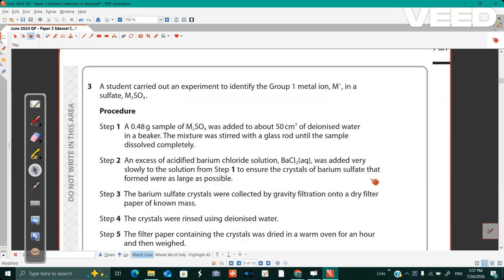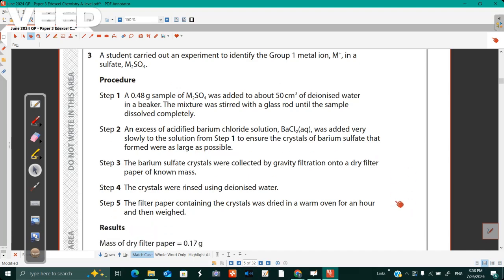A student carries out an experiment to identify group 1 metal ion in a sulfate M2SO4, right? A 0.48 gram sample of M2SO4 was added to about 50 cubic centimeters of deionized water in a beaker.